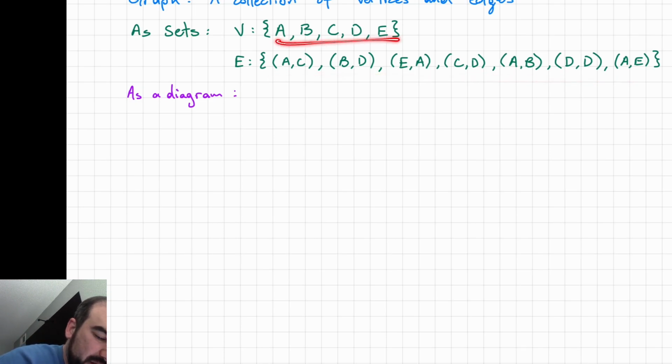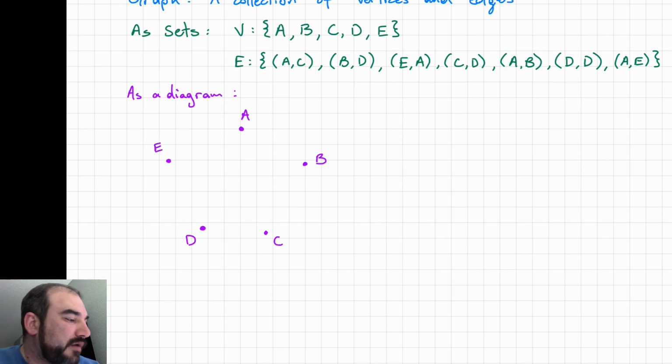So I know that there's going to be 5 vertices labeled A, B, C, D, and E. So I will just make 5 dots, and the orientation or the sequencing of the dots is not significant. You can draw this however you want, but generally it's nice to space them out in a way where if I draw an edge between 2 of these vertices, it's not going to be confused for another edge.